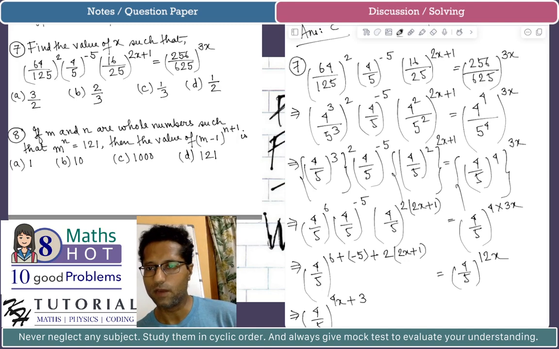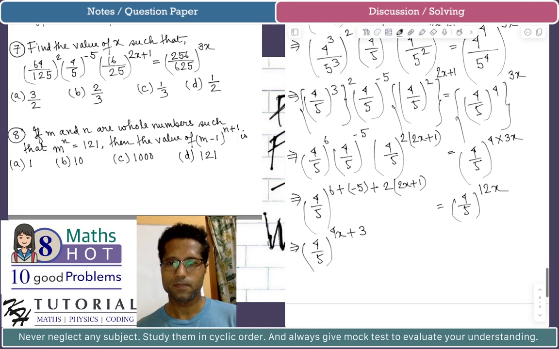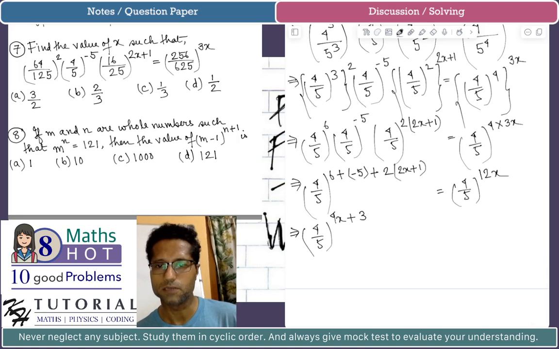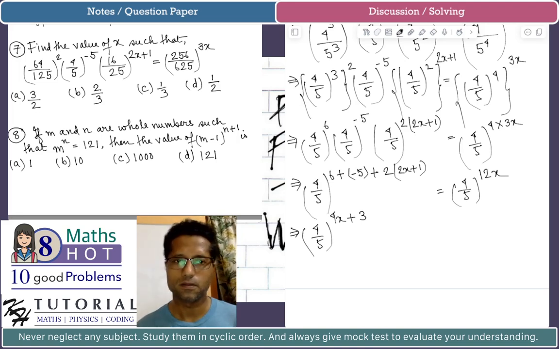On the right hand side we have (4/5) raised to the power 4 into 3x. Further simplifying, the left hand side is (4/5) whole raised to the power 6 plus minus 5 plus 2 into 2x plus 1, and the right hand side (4/5) to the power 12x. Now this is 1 plus 4x plus 2, so 4x plus 3, this is fine.